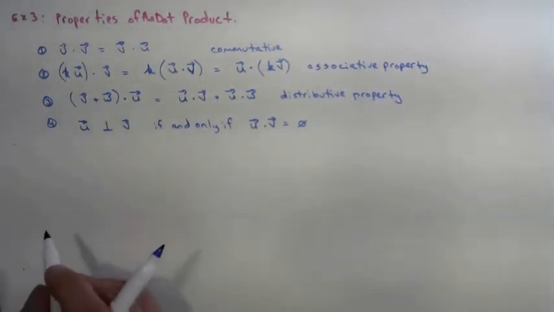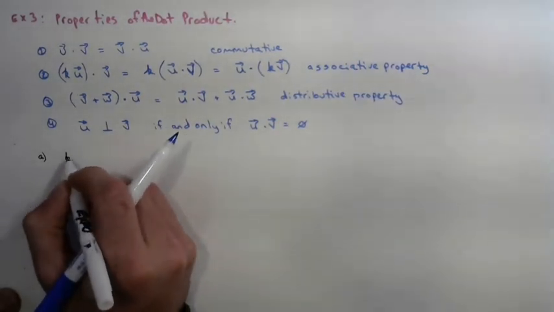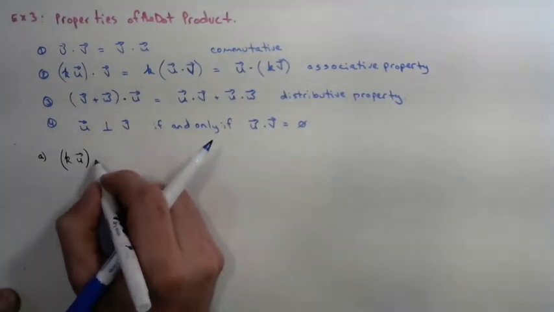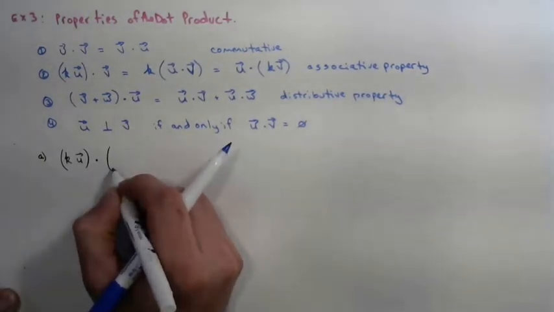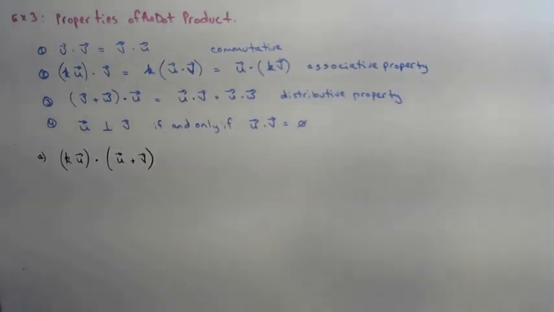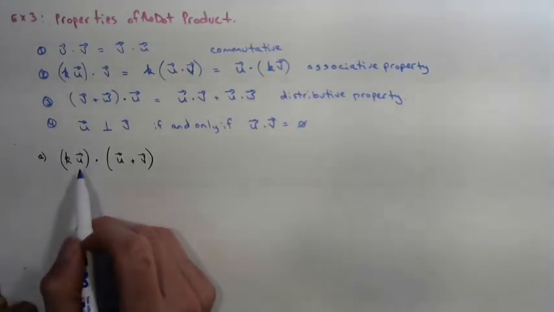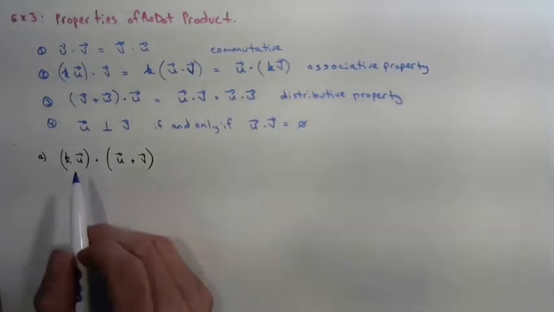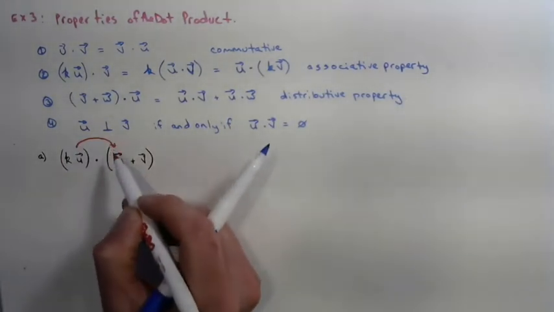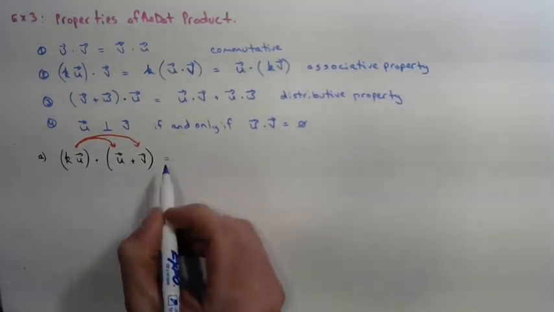So using the properties in A, we're told that we're going to have k times the vector u dot, in brackets, u plus v. Well, what we can do here is use our distributive property first. The distributive property is basically going to say, take that dot that, and that dot that. So what do we end up with?